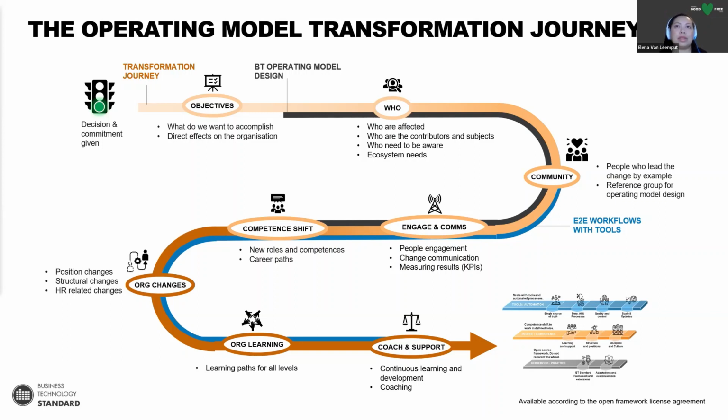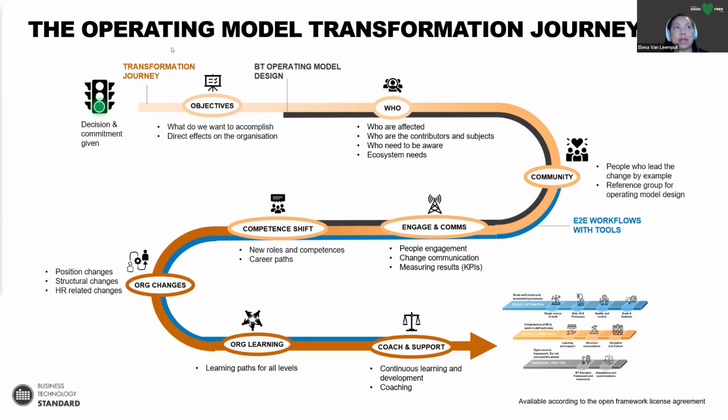This might look a little bit messy and so on. And of course, when we're talking about transformation, we're not saying that you need to put this into a sequential step-by-step process, because what we're aiming with this picture is to give you a holistic picture about what elements are needed when you're talking about implementing or designing an operating model.